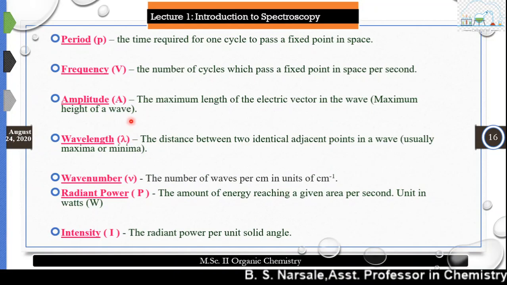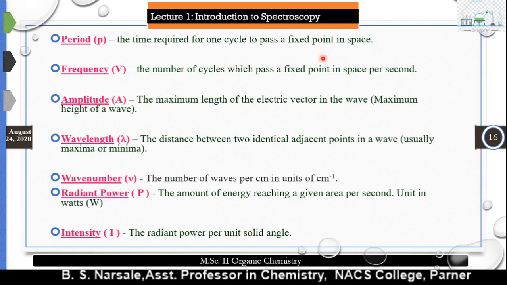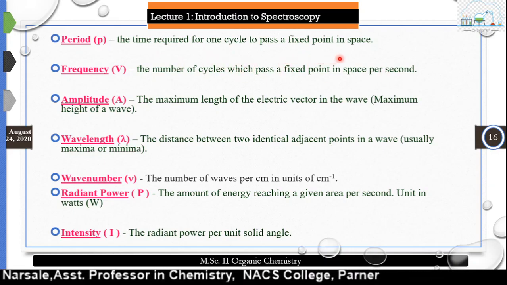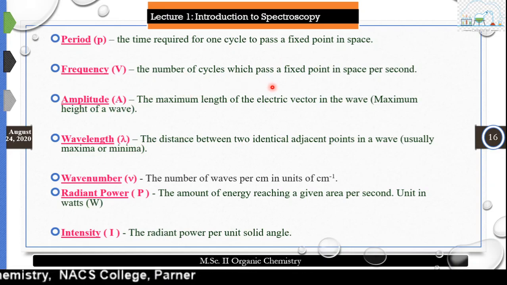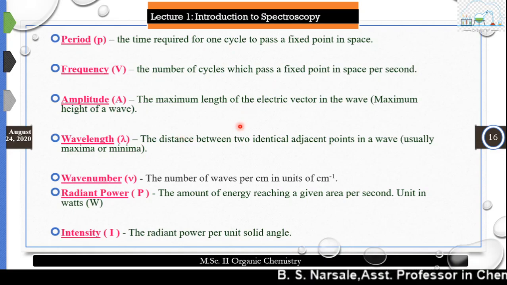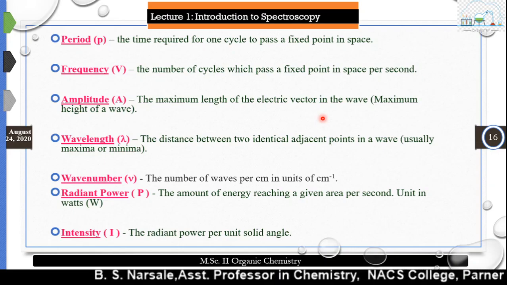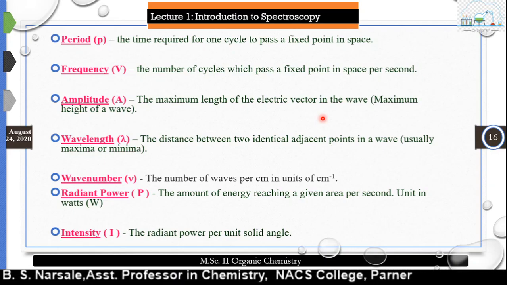Now we must know some concepts. Period is the time required for one cycle to pass a fixed point in space. Frequency is the number of cycles which pass a specific point within a second. The amplitude is the maximum displacement of the wave.